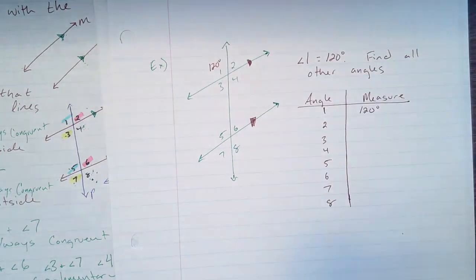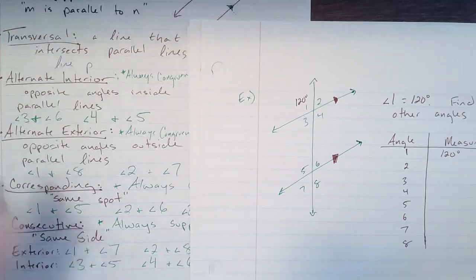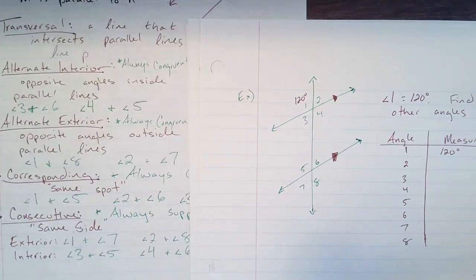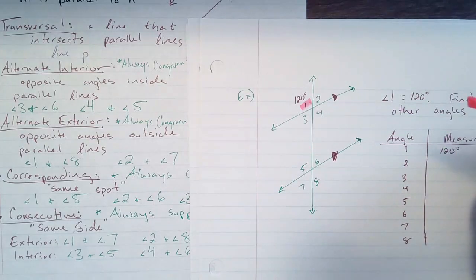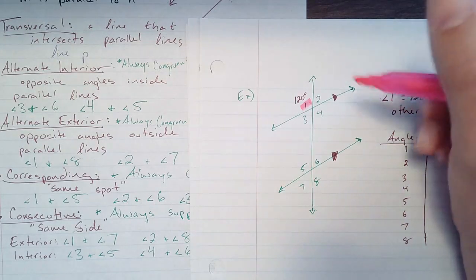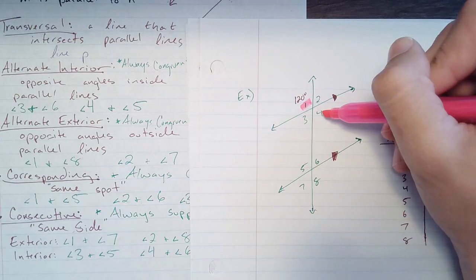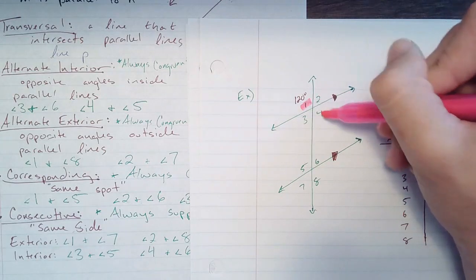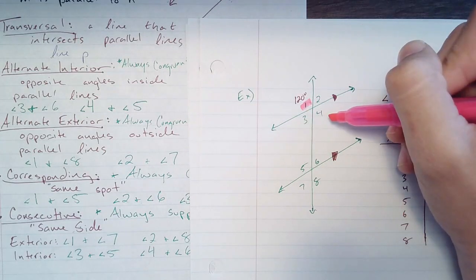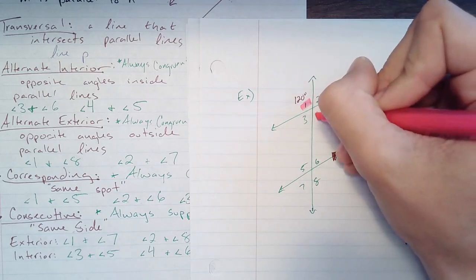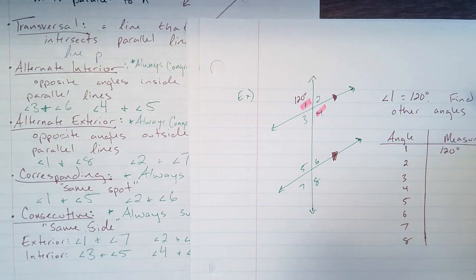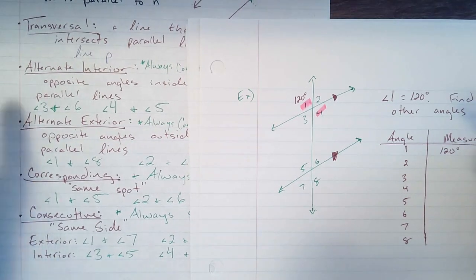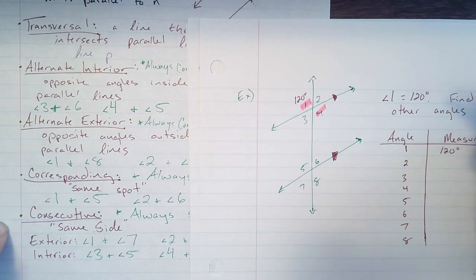Well, first off, we know that 1 and 4, remember, those are vertical angles. So that means that they have to be congruent. Then looking at our options over here on the left, the alternate exterior angle to 1 means the opposite angle outside. So 1 and 8 are alternate exterior angles, and we know that means they are congruent.